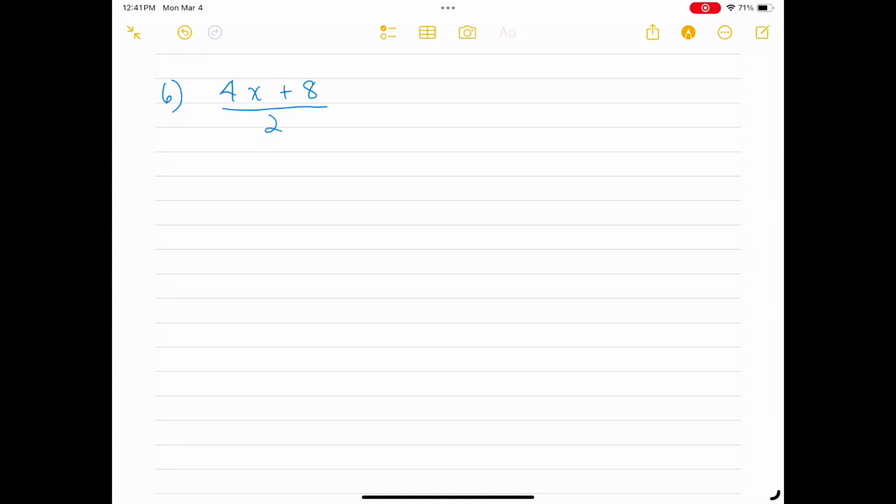Example 6, 4x plus 8 over 2. So the divisor 2 is used to divide each term above the division line. So we have 4x over 2 plus 8 over 2. 4x over 2 is 4x divided by 2. So 4 divided by 2 is 2, and we keep the x to end up with 2x.